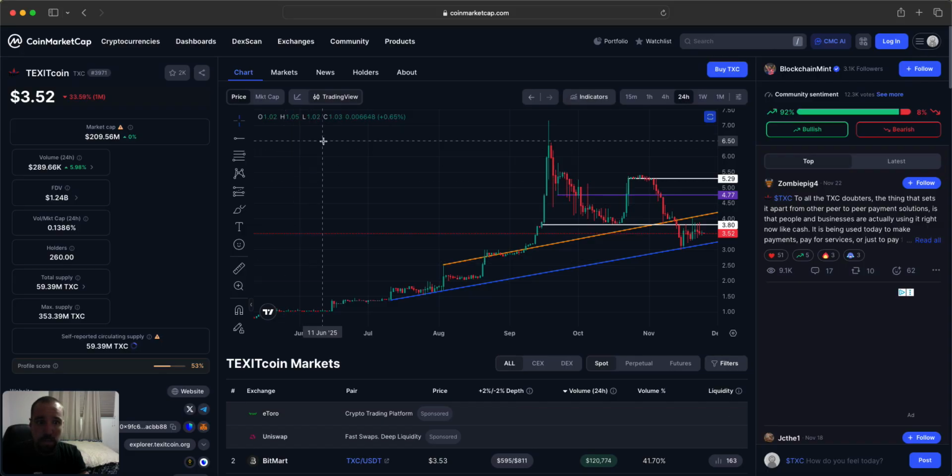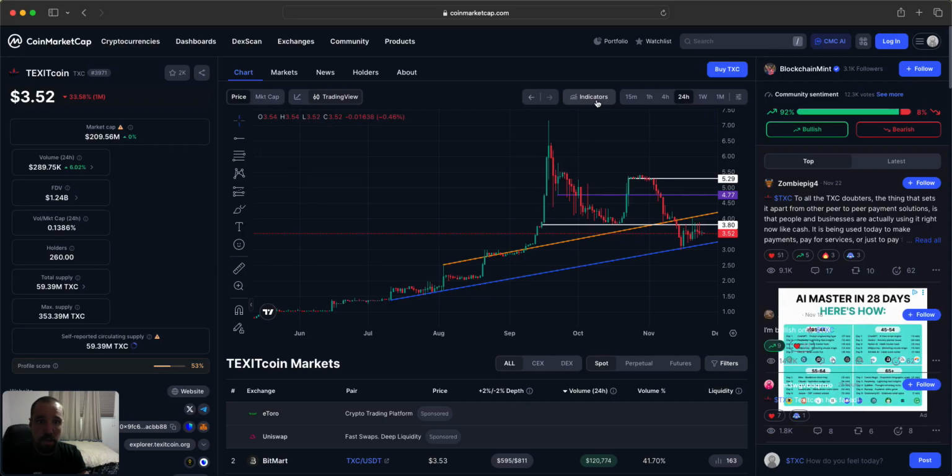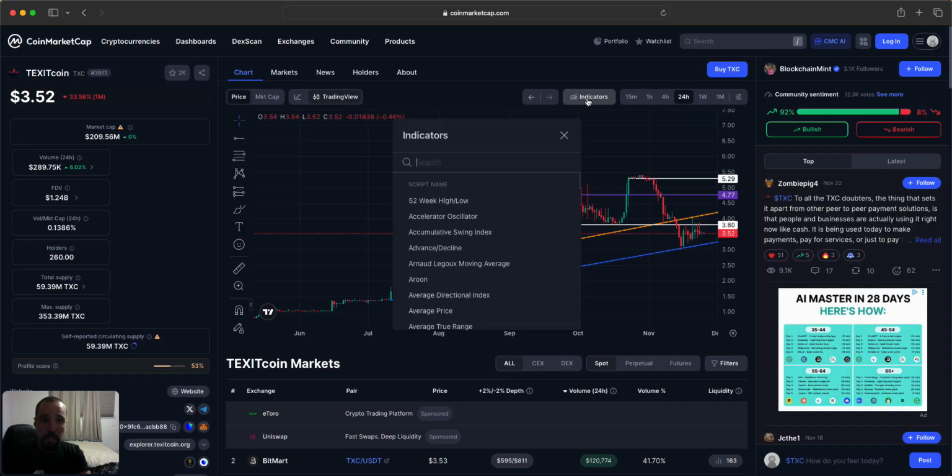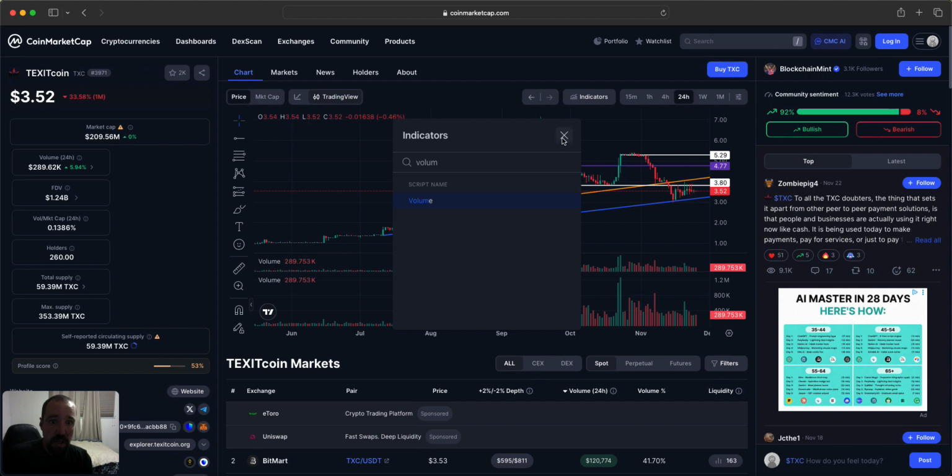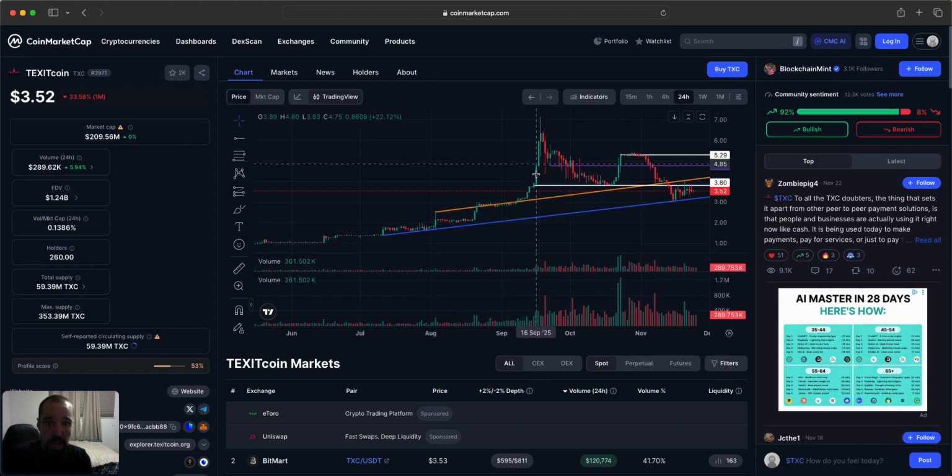And for some reason my volume indicator is not on. When you are looking at these moves and you see a big price move like this, but the volume is much lower than these price moves, volume is your confirmation in direction. We want to see more buys and sells, obviously.